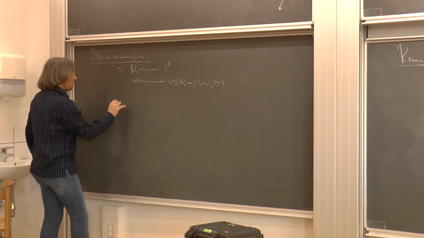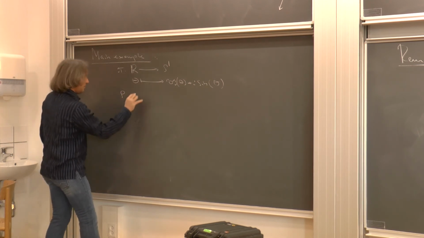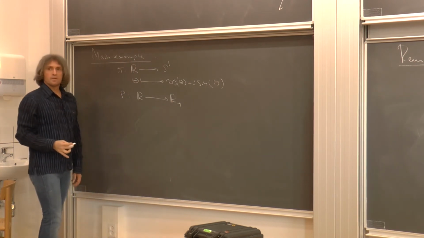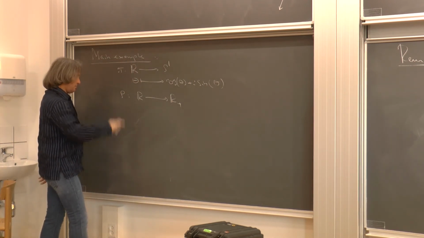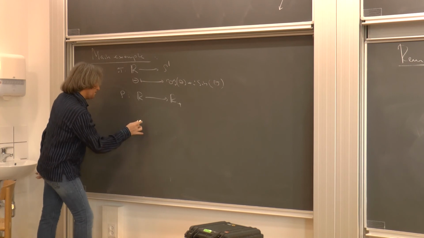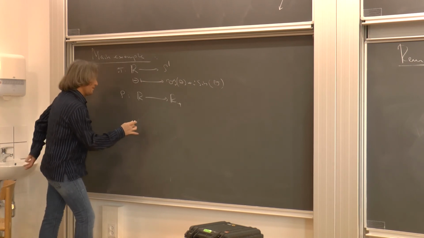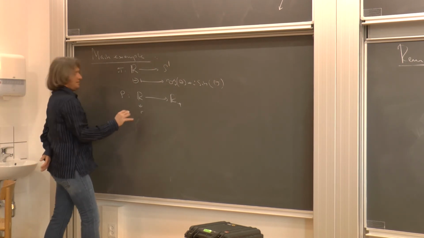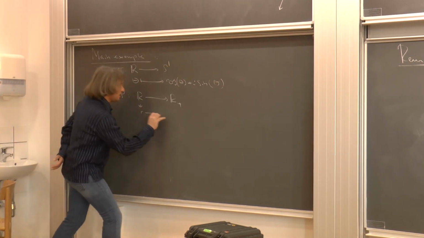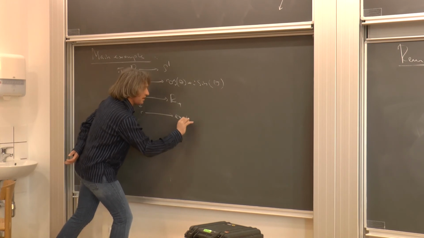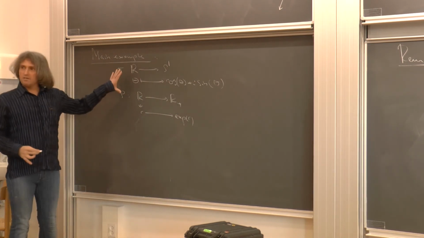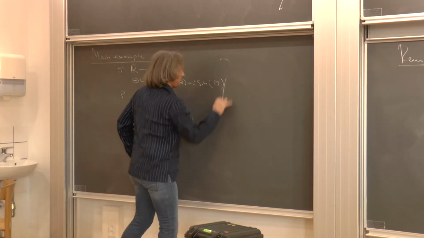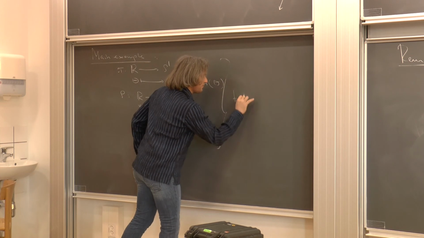And consider the map rho from the real line to R plus, which takes, for some reason I'll denote this argument here r, r goes to e to the r. So both of them are coverings already by what we discussed. So both are coverings.